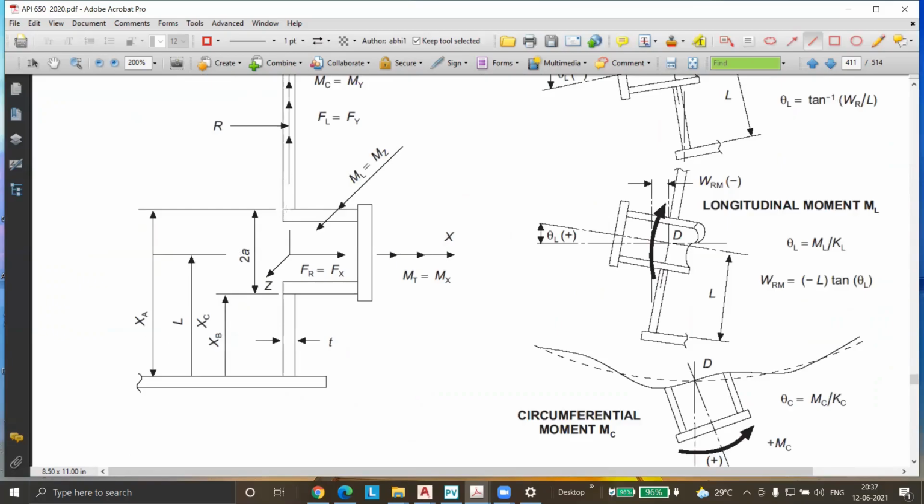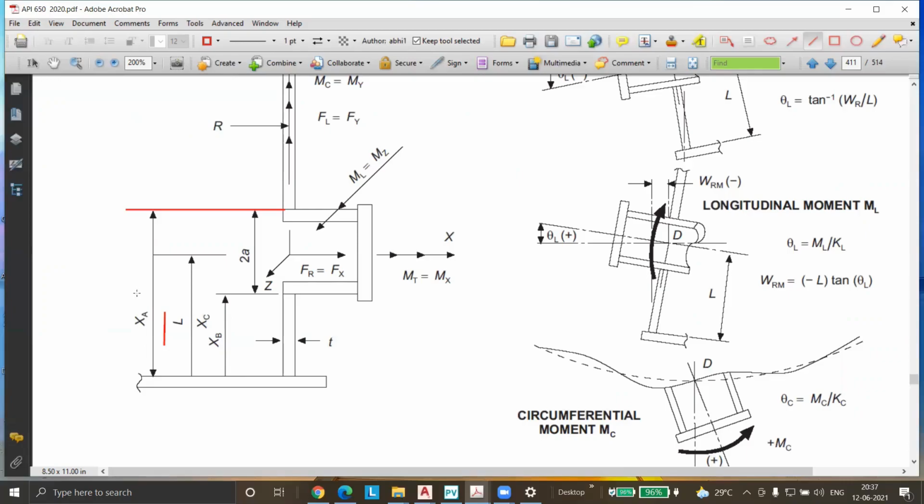The position of the nozzle, the extreme part is located at XA, the center line is located at L, and the bottommost is located at XB. So if I have L which is known, I already have the XC value.